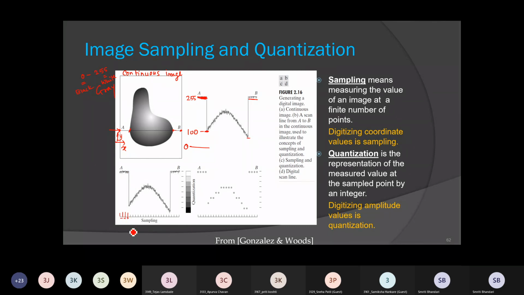Instead of considering each X coordinate, I'll consider only the sampled values, only those many coordinates. This is called sampling.